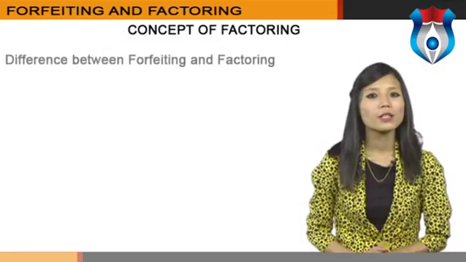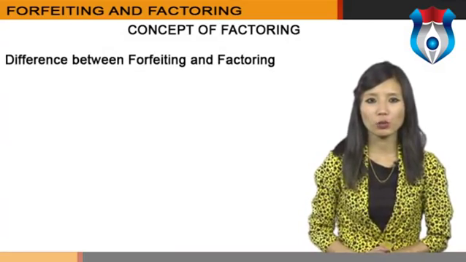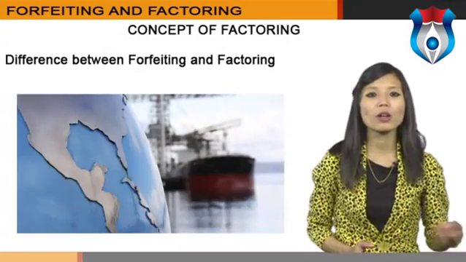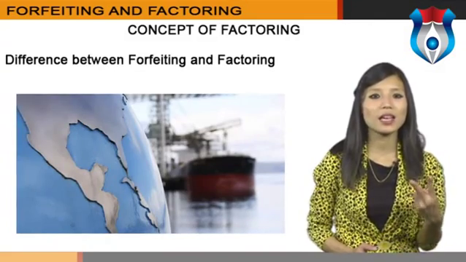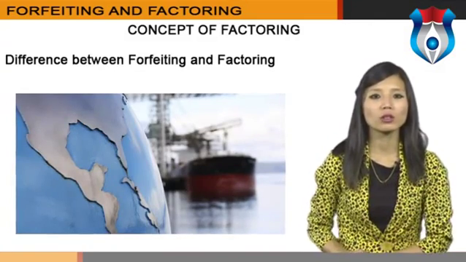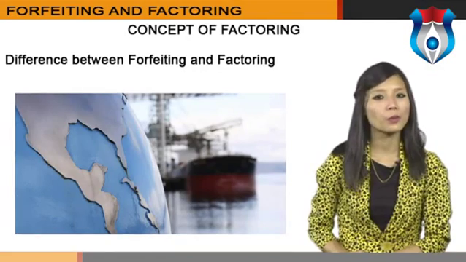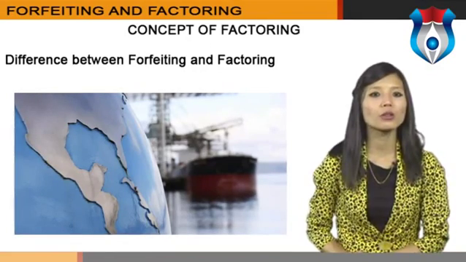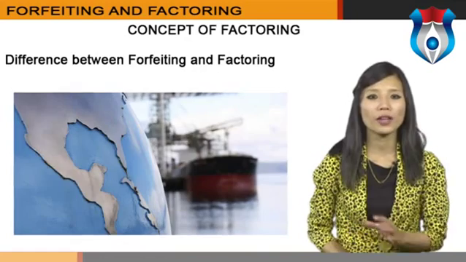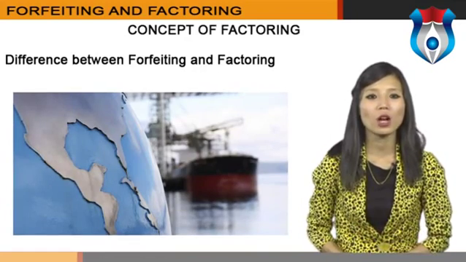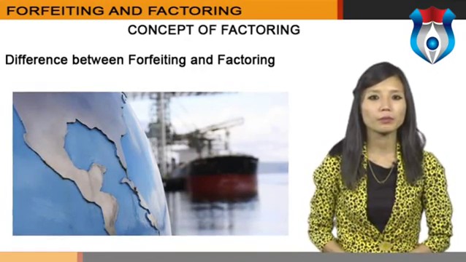Difference between forfeiting and factoring. Forfeiting and factoring are two ways of financing exports of international goods through accounts receivables collection, distinguishable from each other by the type of export goods involved and the length of time the importer has to pay.